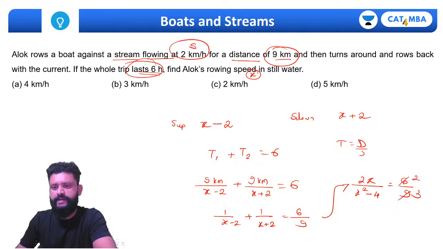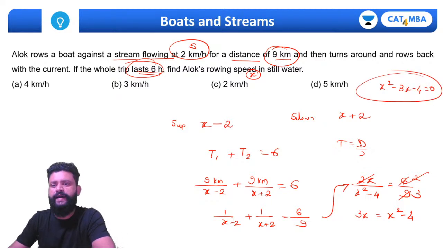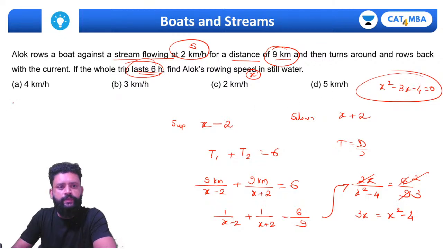So 2 by 3 we can write it as, 2 get cancelled, so I'm getting the equation as x square minus 3x minus 4 equals to 0.